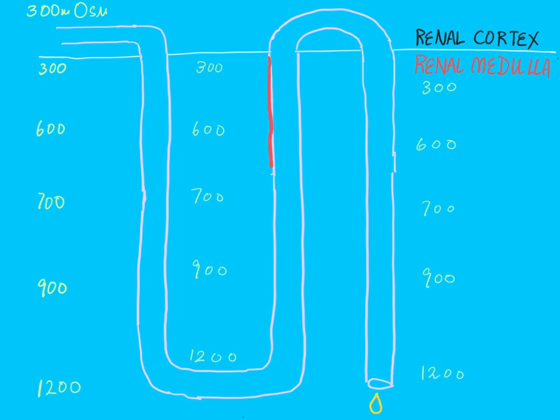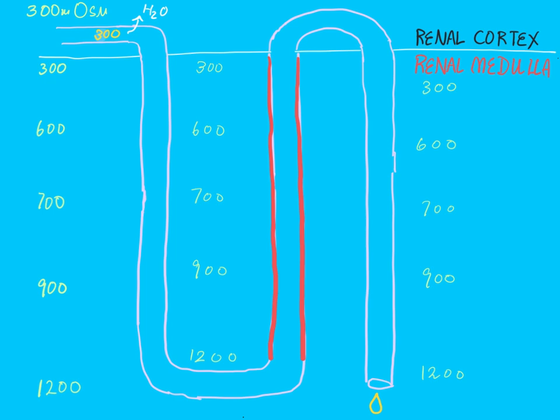Rule number 2 is shown by these 2 red lines. It represents impermeability to water. The ascending limb of the nephron loop is impermeable to water. Rule number 3 is osmosis. Water follows the salt until it achieves equilibrium between the fluid inside the nephron and outside.